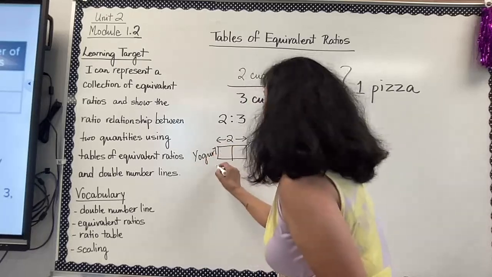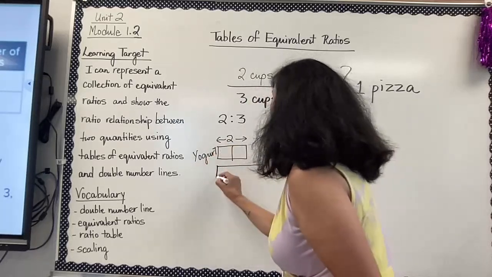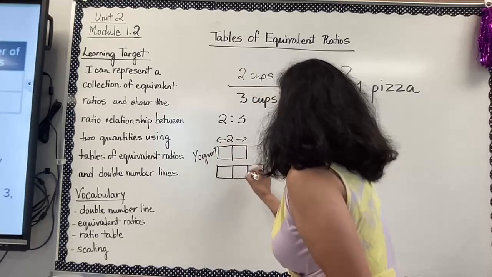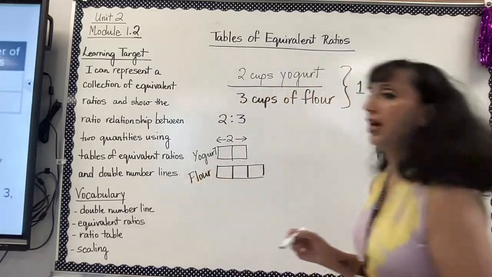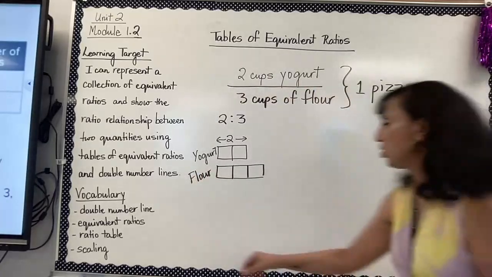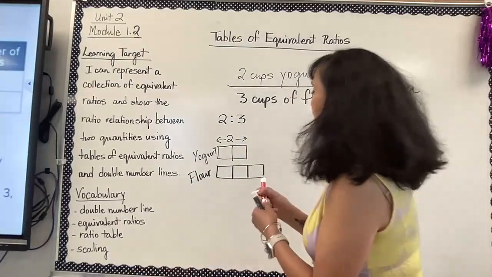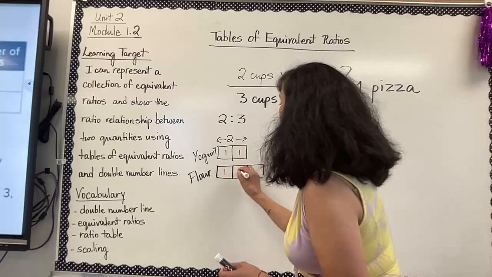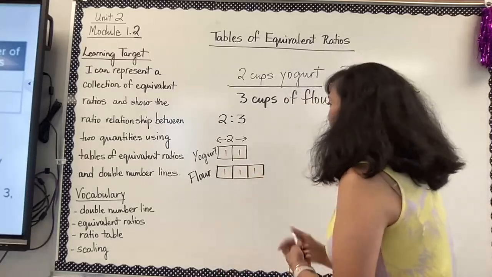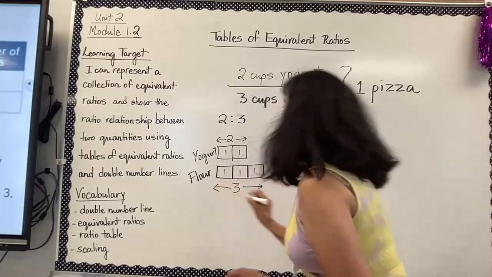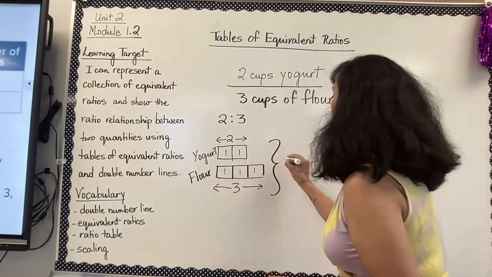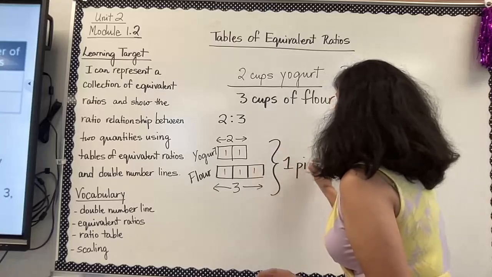And I have 3 parts of flour. So 1, 2, 3, and this is my flour. And each of these is 1, right? So my flour is 3. So here's my ratio of 2 to 3. This is for 1 pizza.